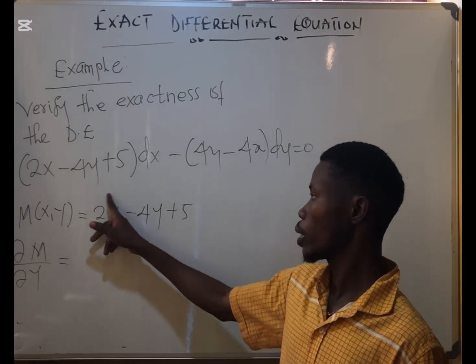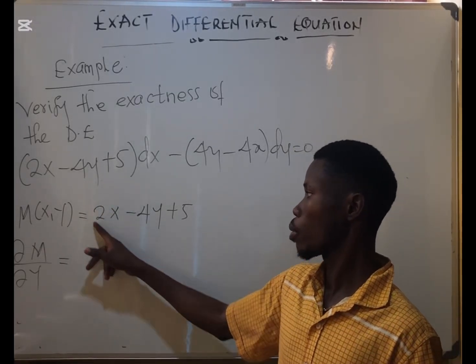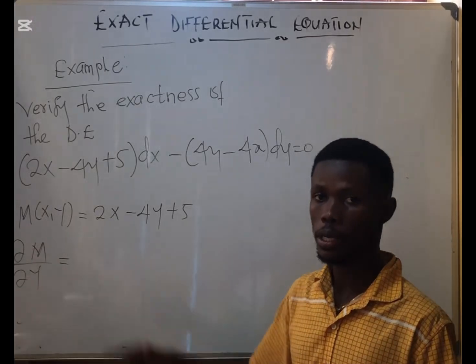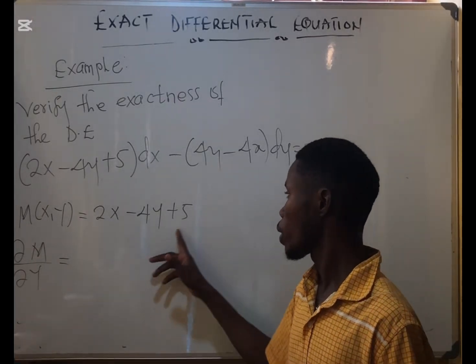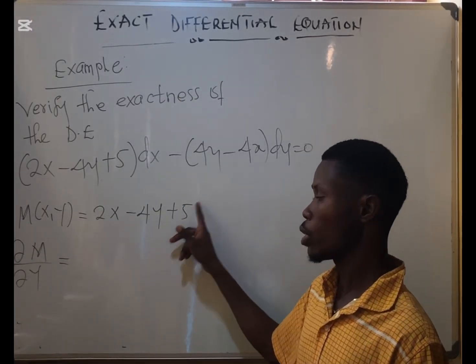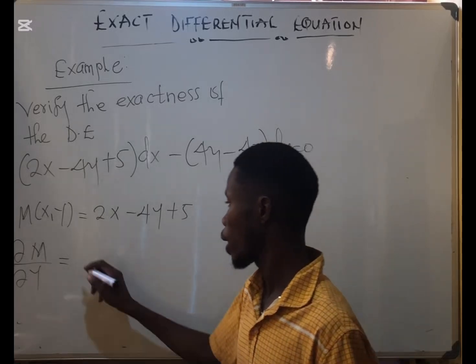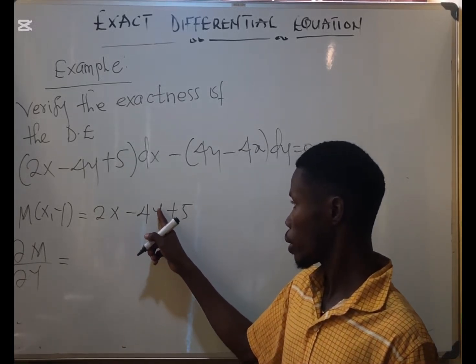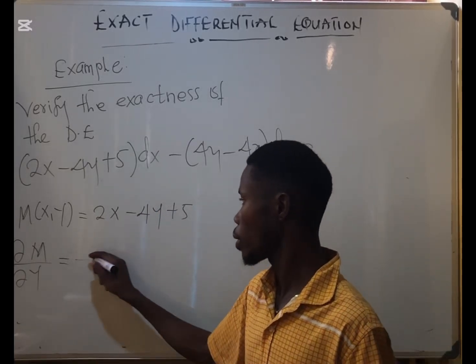So when I differentiate, the whole of this becomes constant. When you differentiate a constant, what do you get? You have 0. Then when you differentiate this 5, also giving you 0, so you have negative 4y. If you differentiate negative 4y, that will give you negative what?